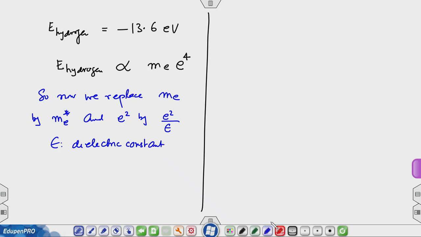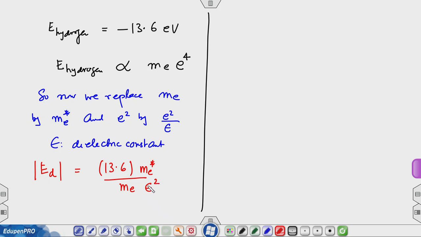And therefore, E donor magnitude is going to be equal to the energy of the hydrogen atom, and I divide this by m e and multiply by m e star and divide by epsilon square.